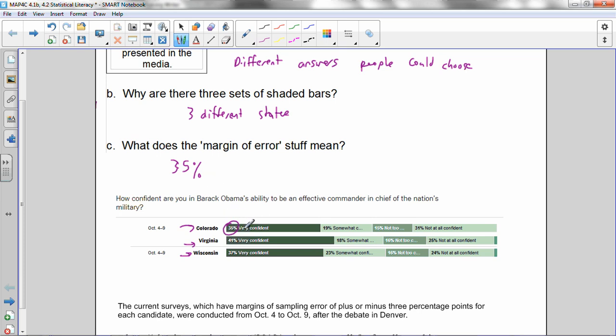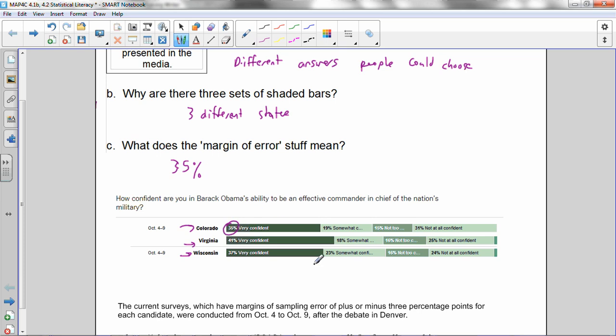But does that mean 35% of everybody would answer very confident in Colorado? The answer is no. If I took a bunch more people and surveyed them, maybe it would be a little bit higher, maybe it would be a little bit lower, maybe it would be exactly 35.